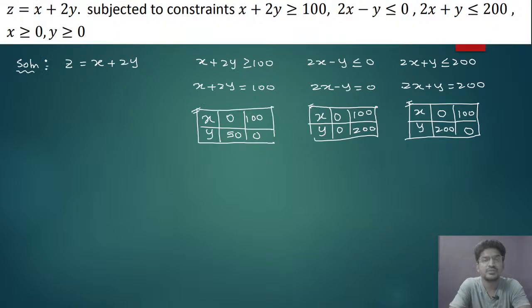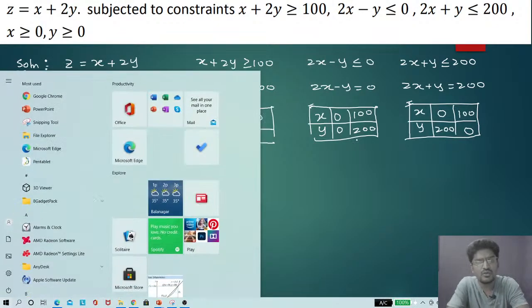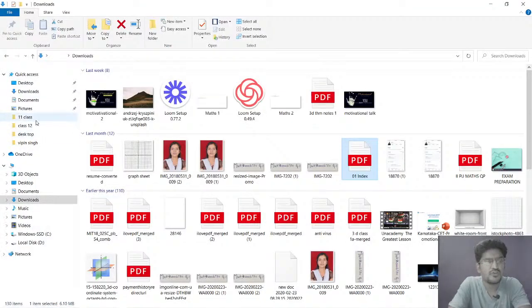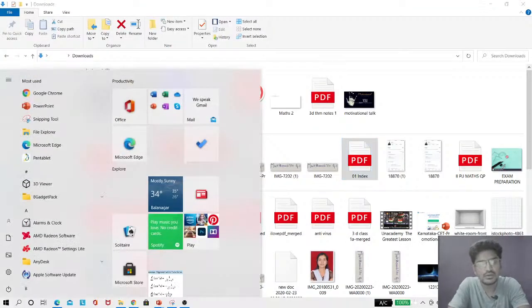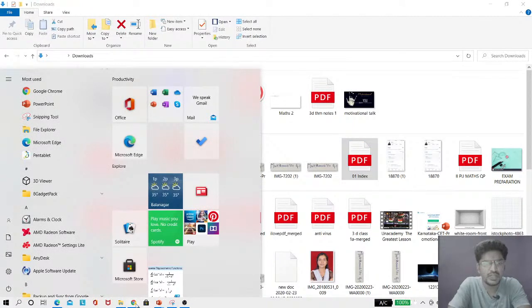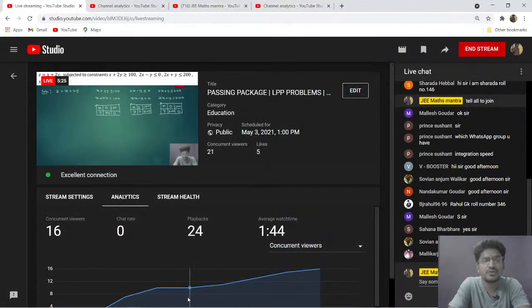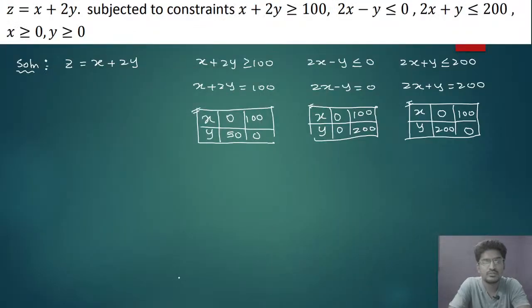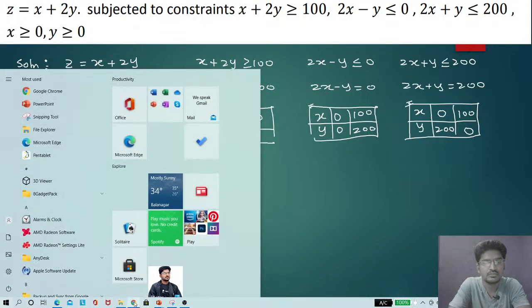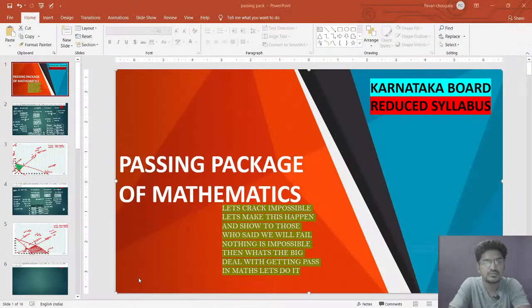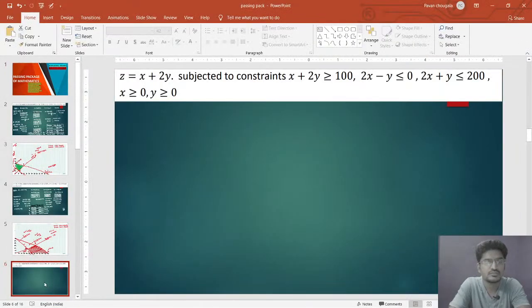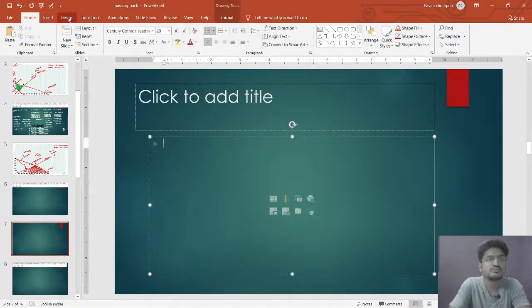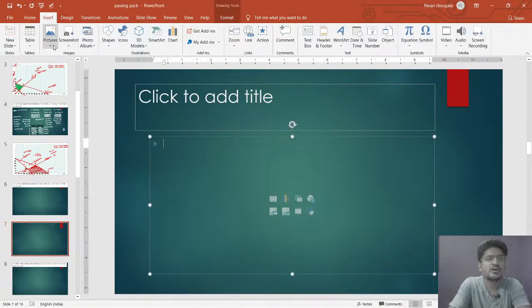Okay. So here we have to take the graph. For that, give me 1 minute of time. I will take the graph. Okay, 1 second.